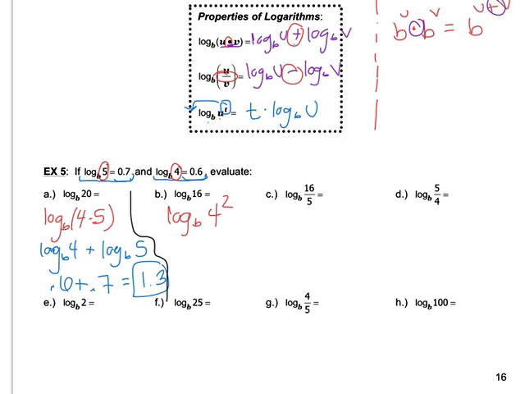And then I can use this property here. Remember, if you've got log of something raised to a power, that power comes down and multiplies by the log. So 2 times log base b of 4. But we know that log base b of 4 is 0.6, so 2 times 0.6. So our answer is 1.2.